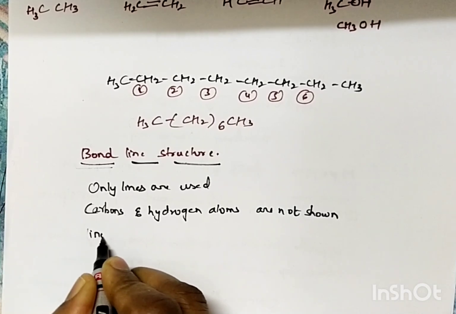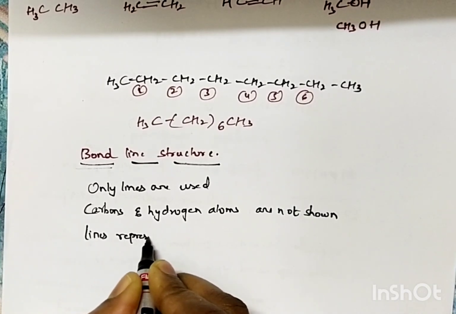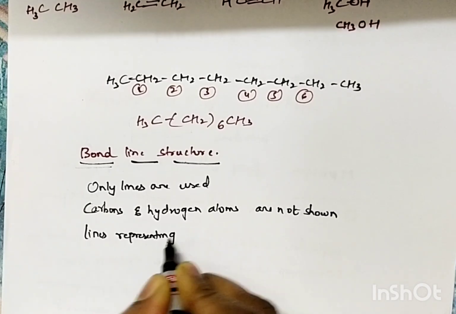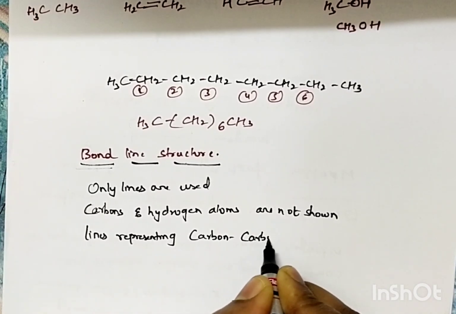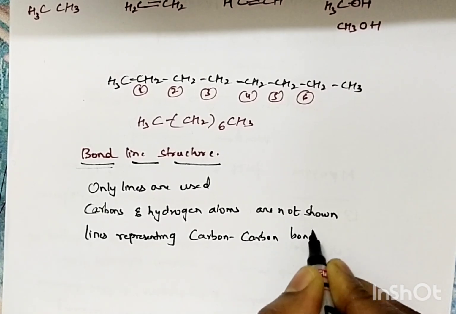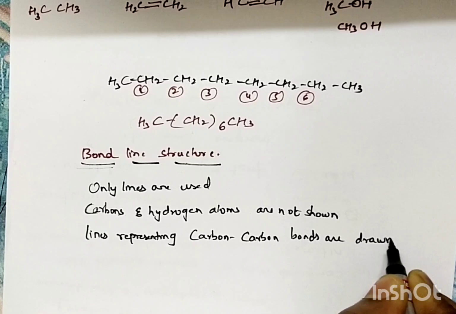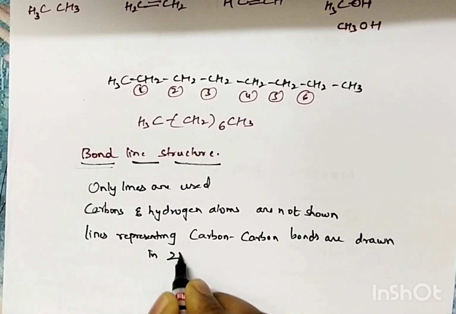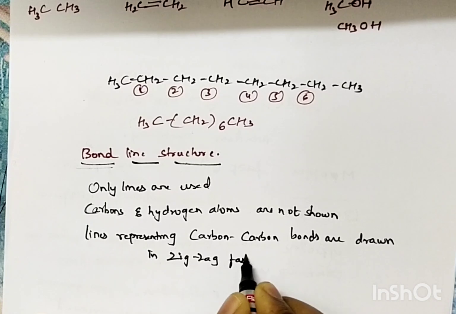Only lines representing carbon-carbon bonds are shown, drawn in a zigzag way, that means in zigzag fashion.